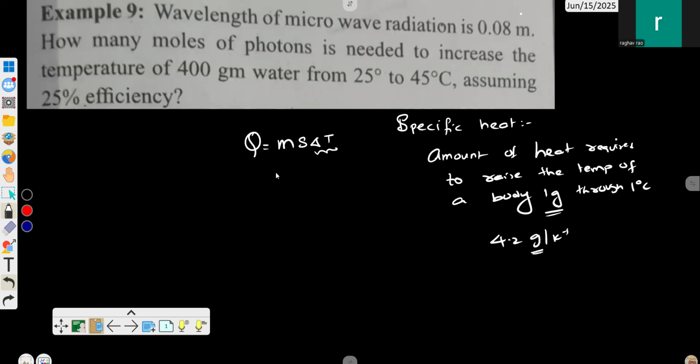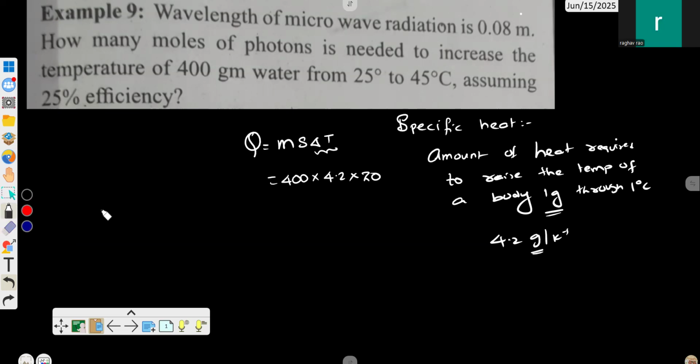Now the mass of the water that is given is 400 grams, and the specific heat is given as 4.2 joule per Kelvin per gram. So we need not convert this 400 grams into kilograms. You can directly put 400 into 4.2, and the change in temperature is 45 minus 25, which is 20. Final temperature minus initial temperature, 45 minus 25 is 20. This is the amount of energy required.